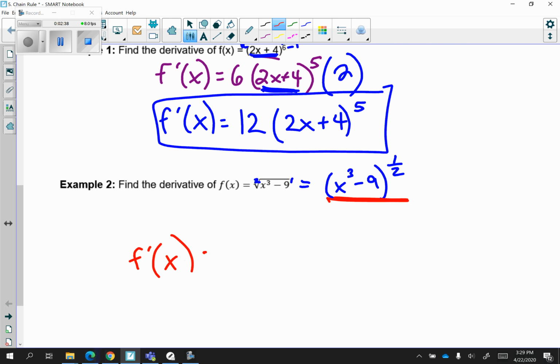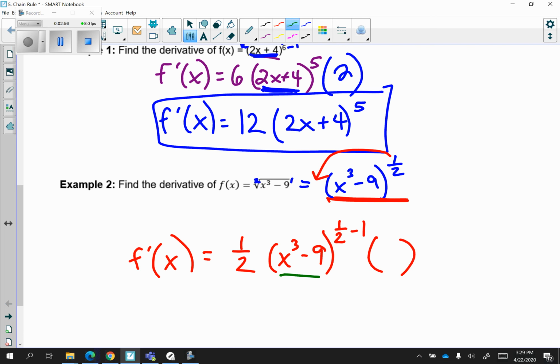I'm going to rewrite the inside, which is just x cubed minus 9. I'm going to bring the 1/2 to the front. And then I'm going to subtract 1/2 minus 1. And then I'm going to multiply by the derivative of the inside. What's the derivative of x cubed minus 9? Bring the 3 down. 3x to the 3 minus 1, which is squared.